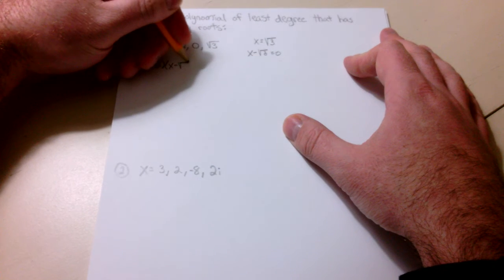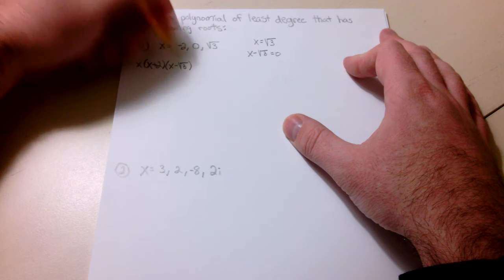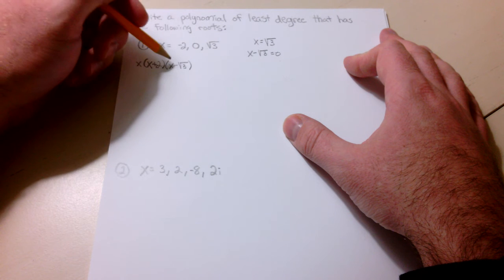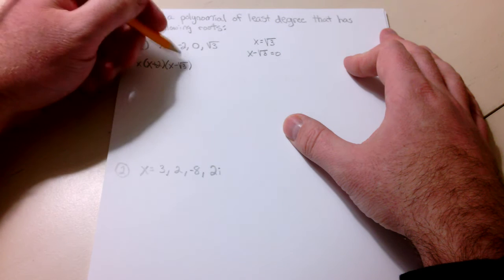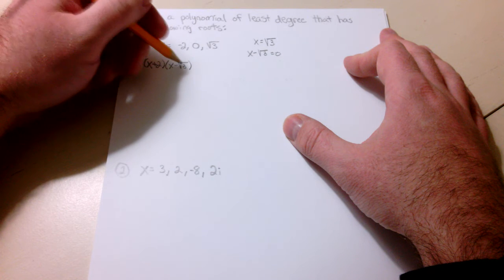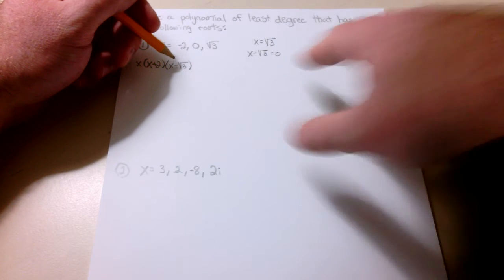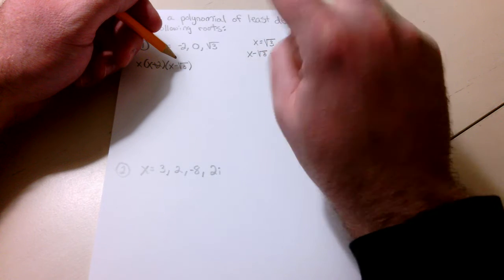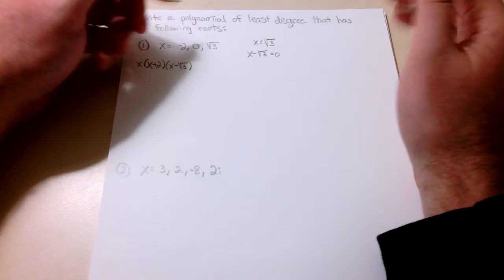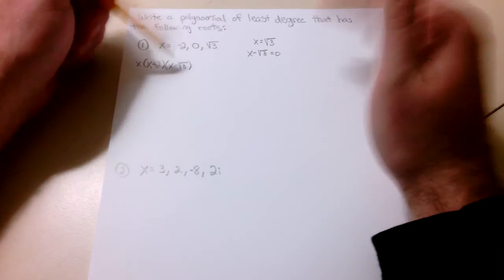Now, the trick here when dealing with these irrational roots is that if we were to multiply this now, we would get irrational coefficients, and that can't happen in a polynomial. So what we say to ourselves is, well, we're never just going to have one square root. There's always going to be two. There's always going to be the positive version of it and the negative version of it.